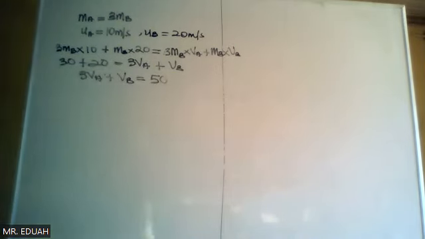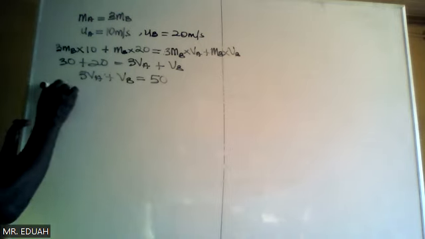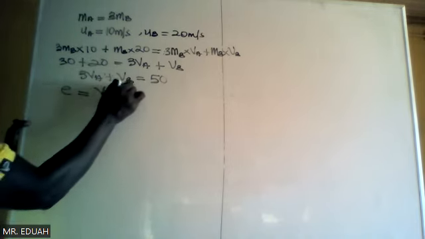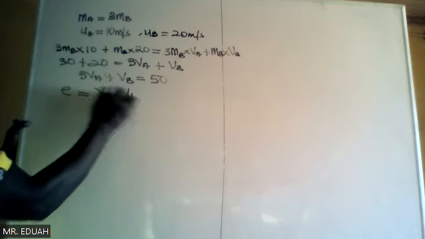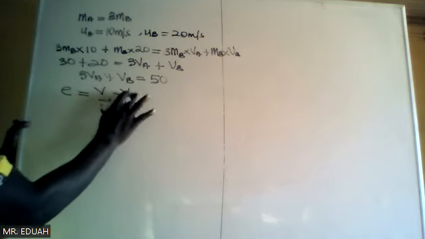Then use the coefficient of restitution formula: E is equal to V2 minus V1, here VB minus VA, over UA minus UB.